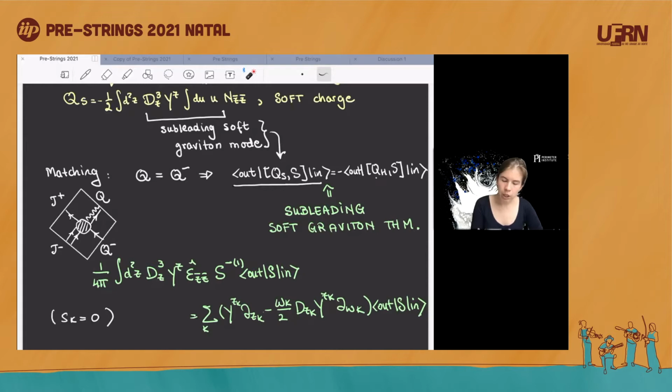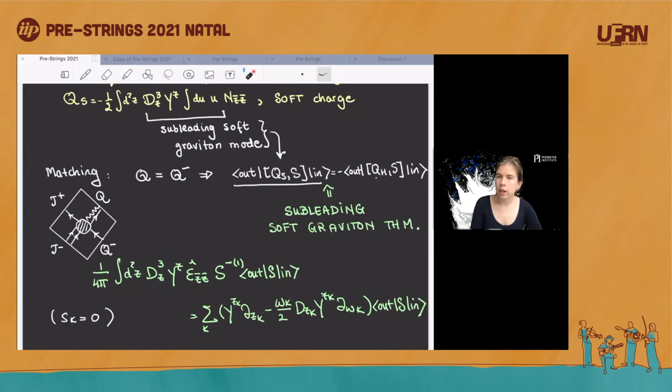And so upon imposing a matching condition, basically identifying the charge at scri plus with the charge at scri minus, this sort of condition imposes that these charges are conserved. Well, before imposing the matching condition, they were not conserved. To impose the matching condition, they become conserved.